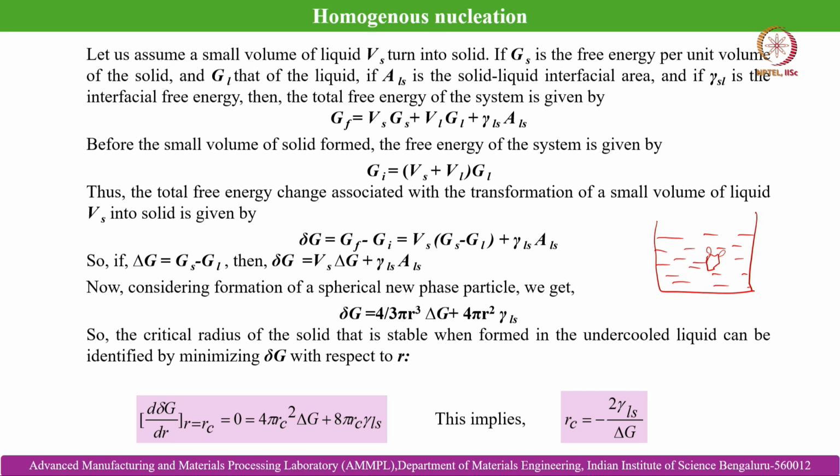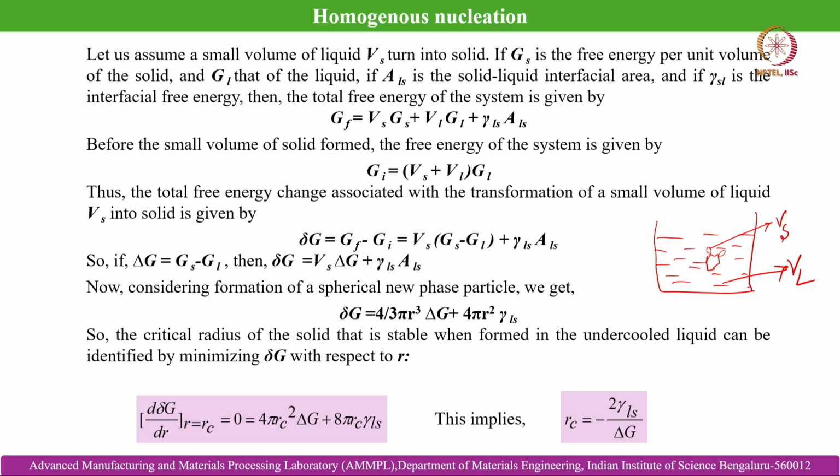So, talking about homogeneous nucleation, let us assume a small volume of liquid Vs turns into solid. Assume this is the small volume Vs and this is the total liquid volume Vl. Gs is the free energy per unit volume of the solid and Gl that of the liquid.